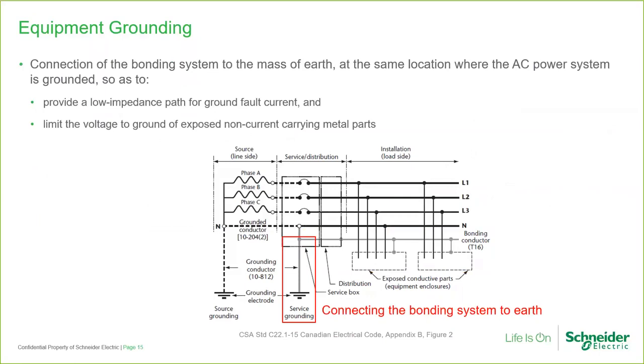Equipment grounding consists of the connection of the bonding system to the mass of the earth at the same location where the AC power system is grounded, so as to provide a low impedance path for ground fault current and to limit the voltage to ground of exposed non-current carrying metal parts.